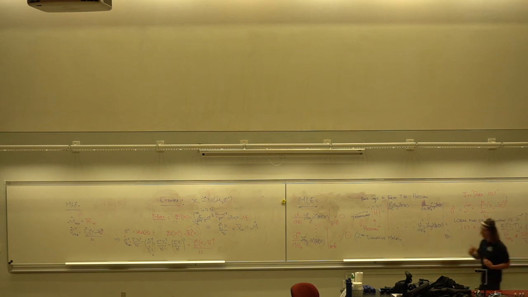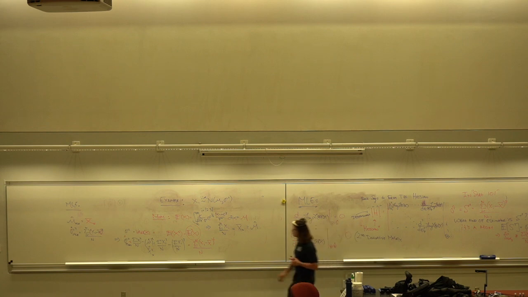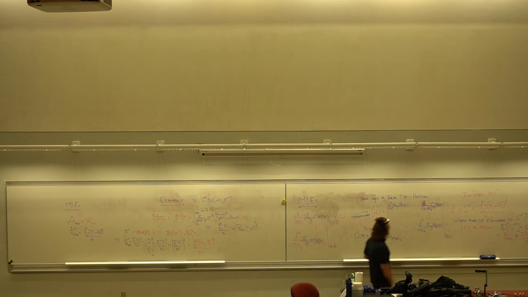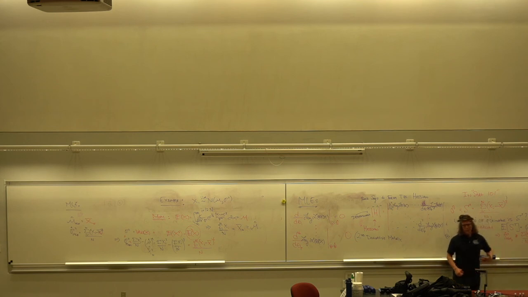So what I could have done to get my MOM is I could have matched this right here, done the same thing. So I matched my first moment, and then I matched the function of the second moment. And so it is a MOM. There's no unique MOM.